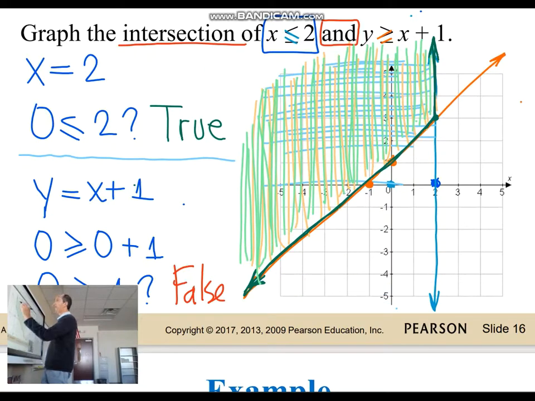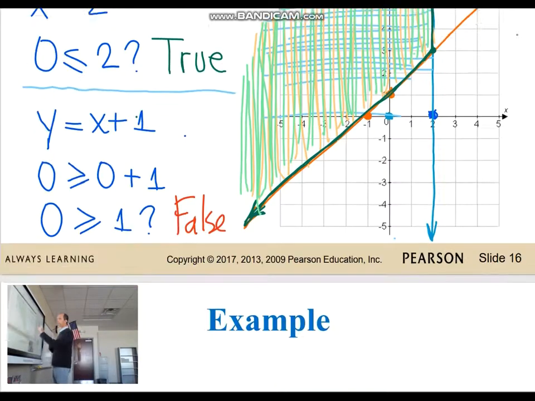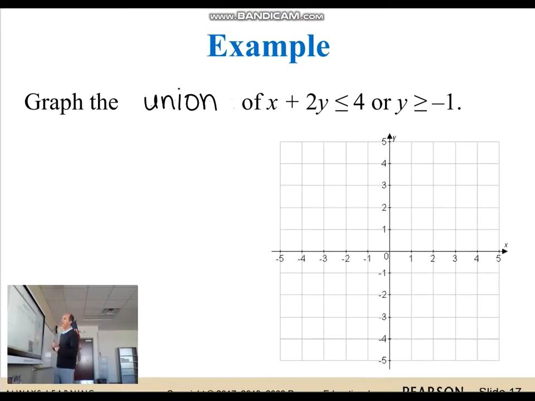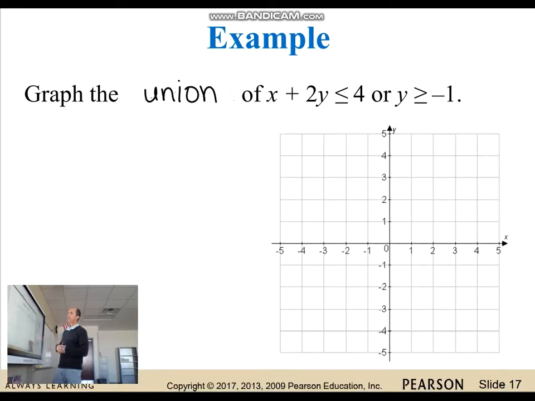You can erase the other colors and keep only the area that is the intersection. Now let's work on the last example. Graph the union of x plus 2y less or equal than 4, or y greater than or equal than -1.